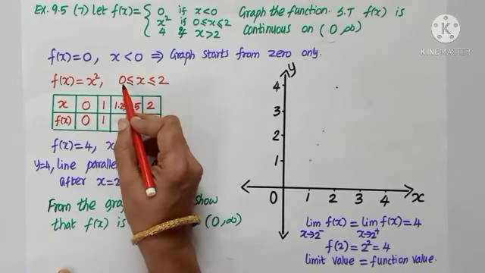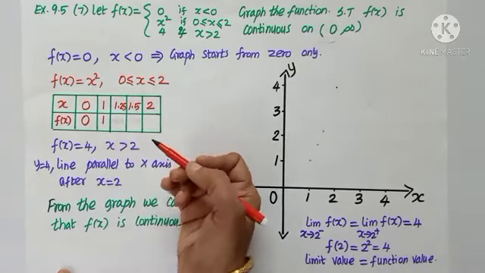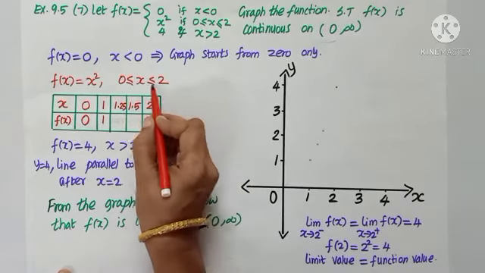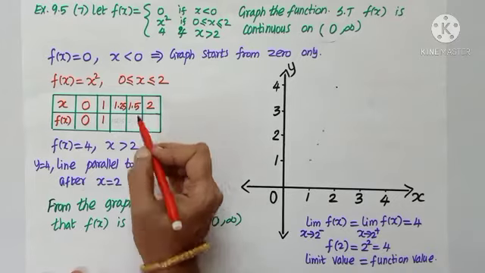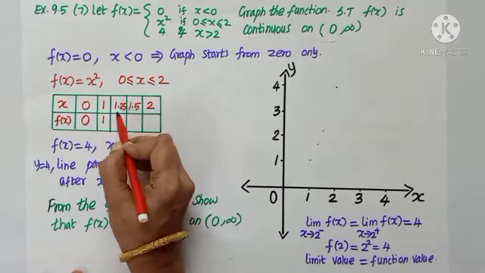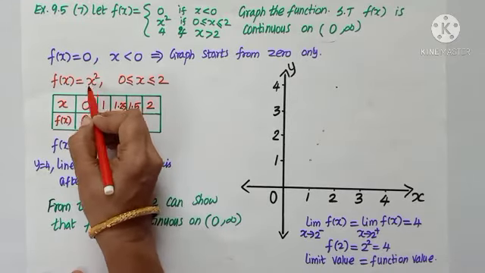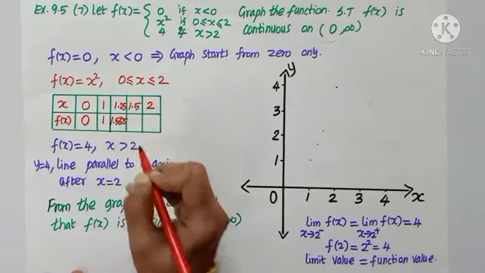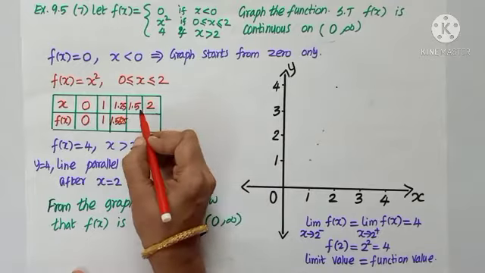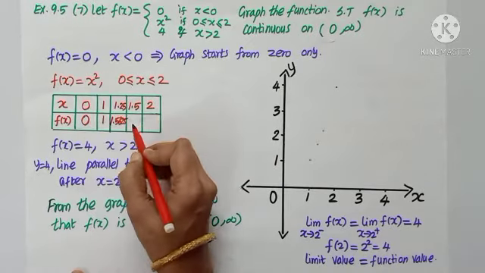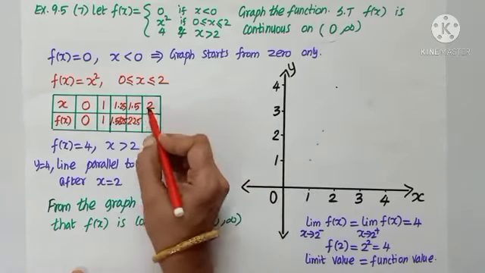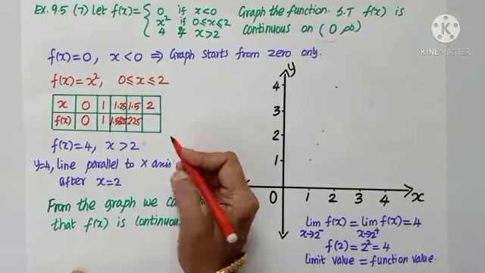Between 0 and 2, say some more values, say 1.25, 1.5 and up to 2 I can substitute. When it is 1.25, 1.25 the whole square, that is 1.5625. When it is 1.5, 1.5 the whole square, which is 2.25. And when it is 2, 2 square becomes 4.